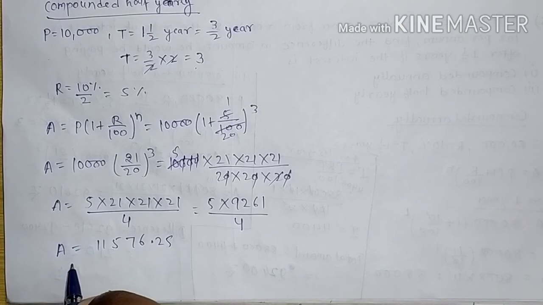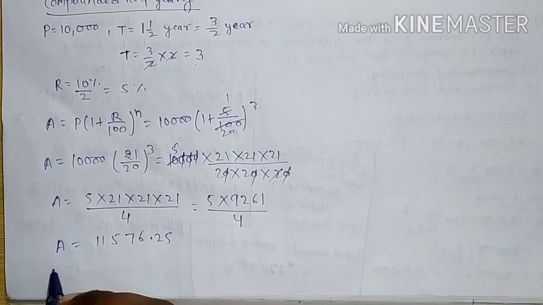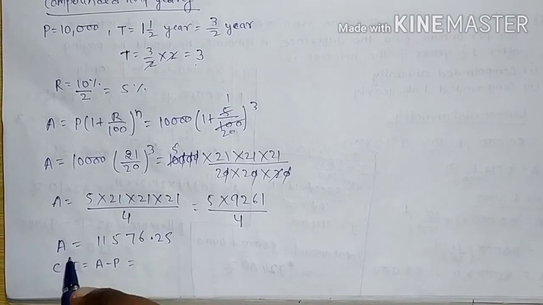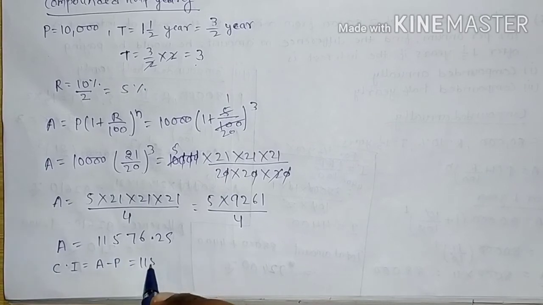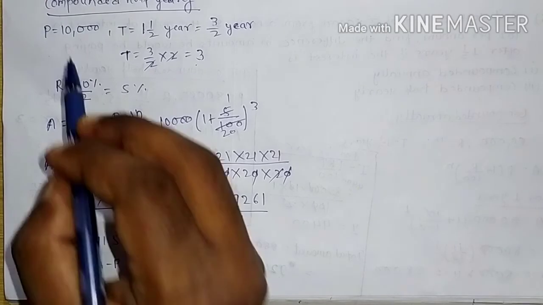And here we have to find also compound interest, CI. So we know that formula of CI equals to A minus P. Amount is here 11576.25 minus P is here 10,000.